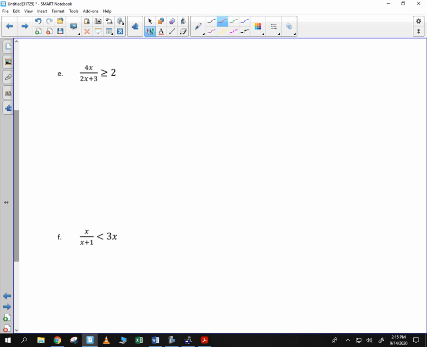This one is different because it doesn't have 0 on the other side. So what I do is I start by subtracting the 2 over. Second of all, I find common denominators. I have to multiply top and bottom by 2x plus 3.